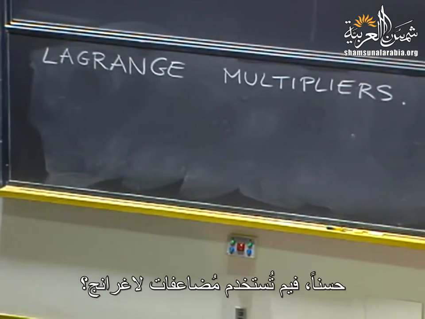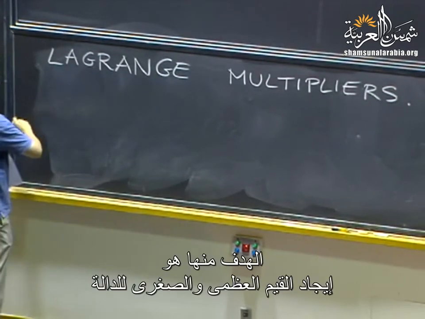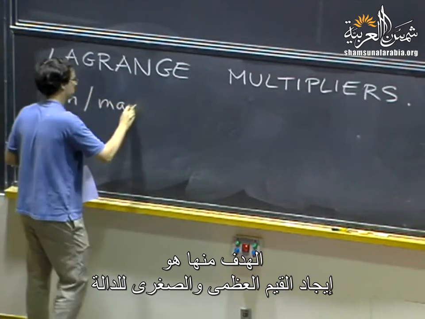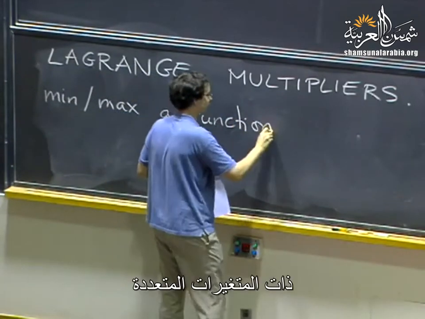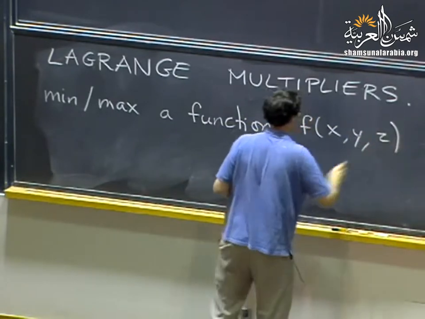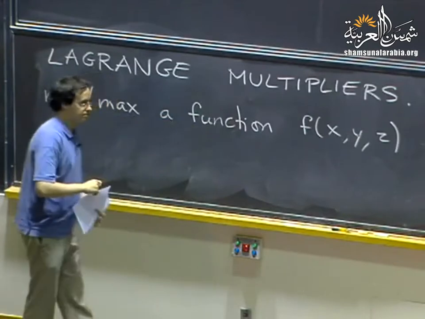Okay, so what are Lagrange multipliers about? Well, the goal is to minimize or maximize a function of several variables. Let's say, for example, f of x, y, z, three variables, but where these variables are no longer independent.